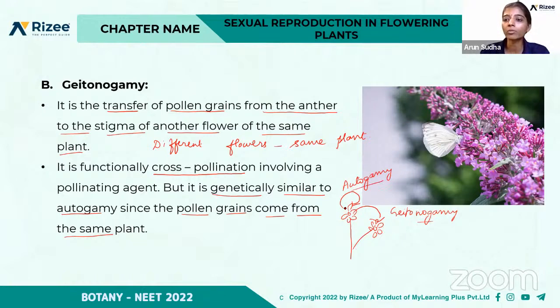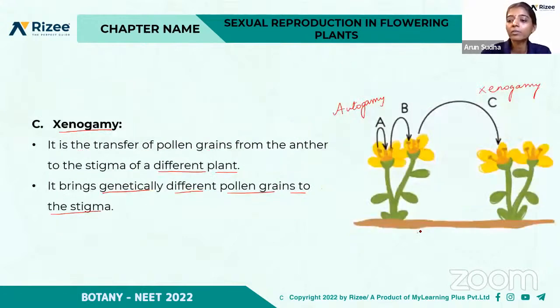Clear now? If it is xenogamy, I can see in this picture also: this is autogamy, this is geitonogamy, and this is xenogamy to a different plant. Both plants are different here.